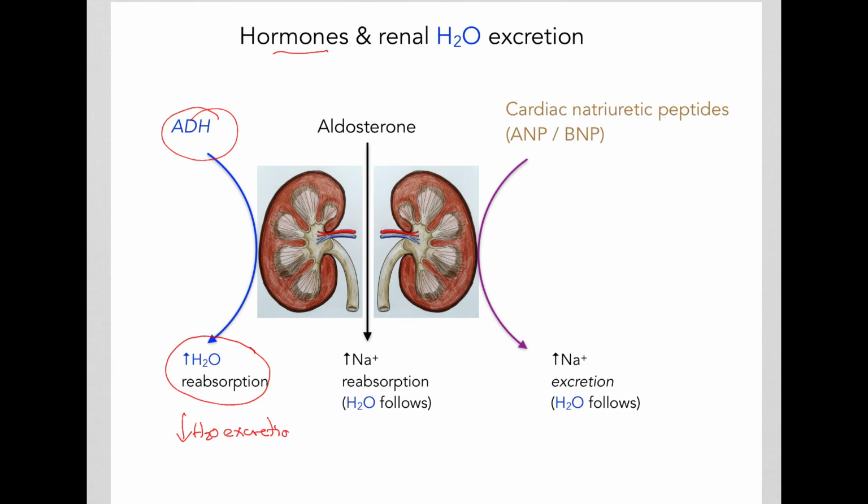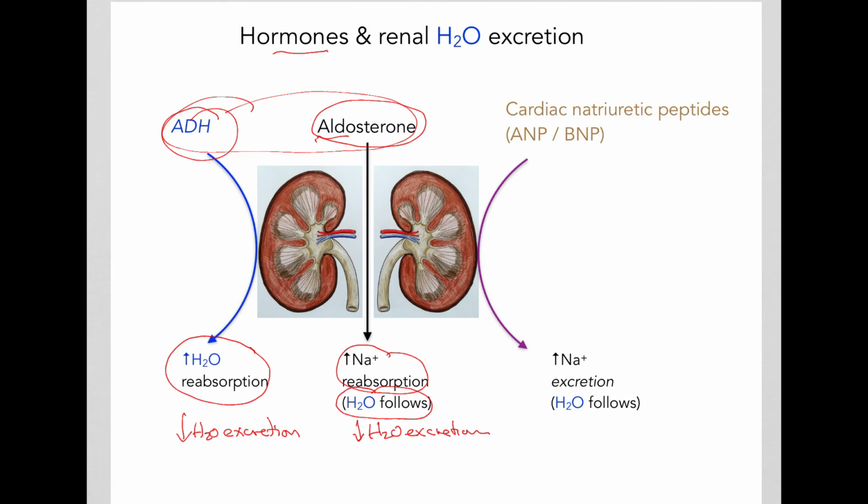Aldosterone that comes from the adrenal gland will cause increased sodium reabsorption, which will cause increased water reabsorption because water follows sodium. So once again, decreased water excretion. These two hormones decrease water excretion.